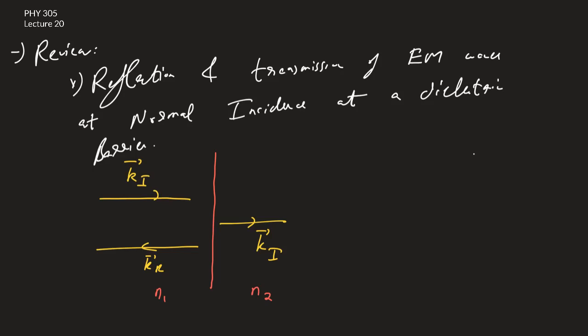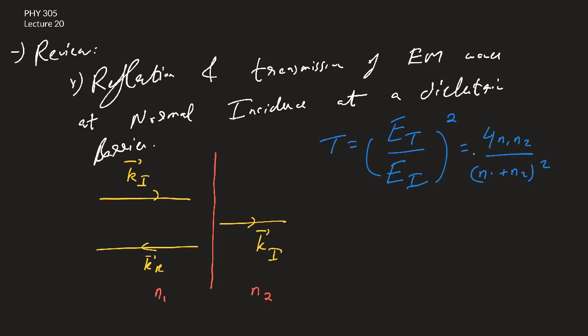of the light is reflected. In the end, what we calculated were the transmissivity and reflection coefficients, where the transmissivity T was the square of the ratio of the electric field that's transmitted, Et, over the electric field that was incident, Ei. We found that this was equal to 4 n1 n2 over (n1 plus n2) squared.